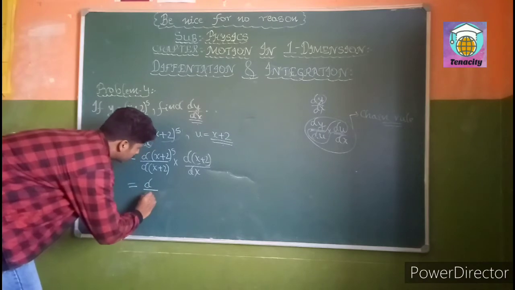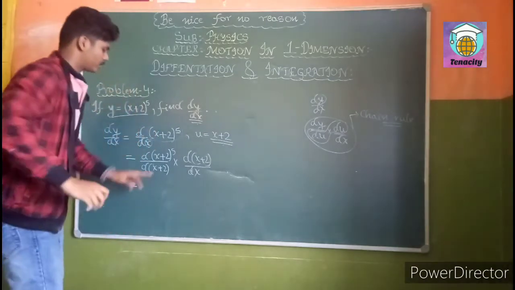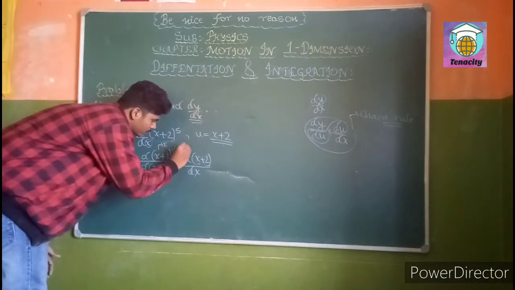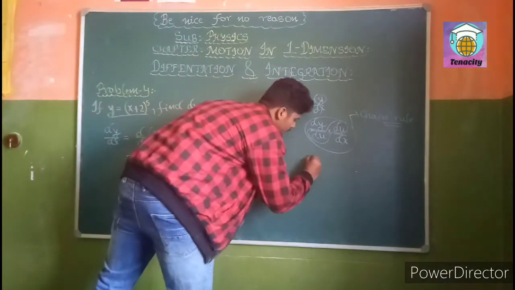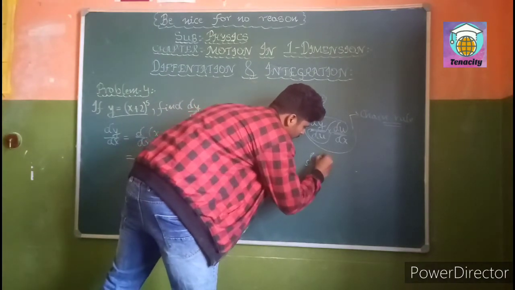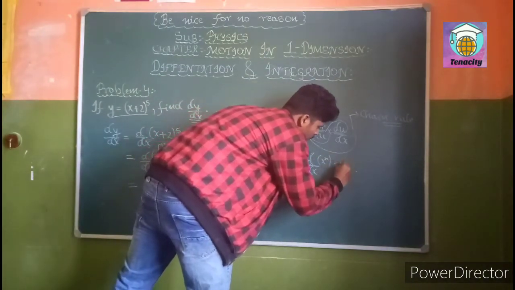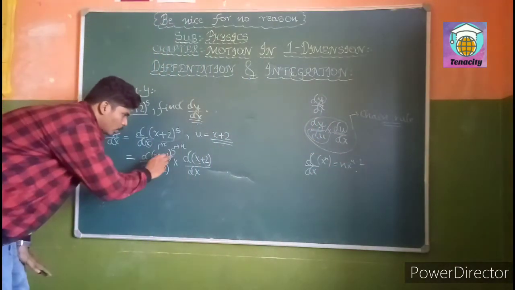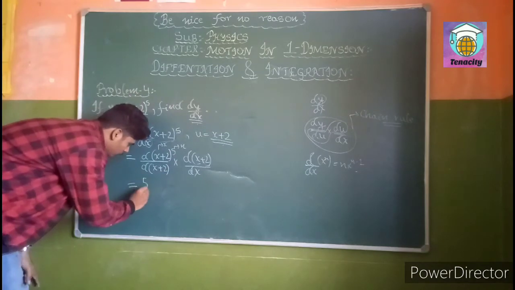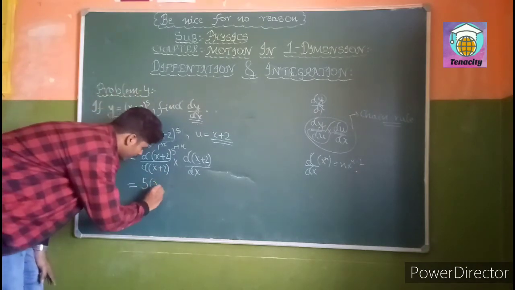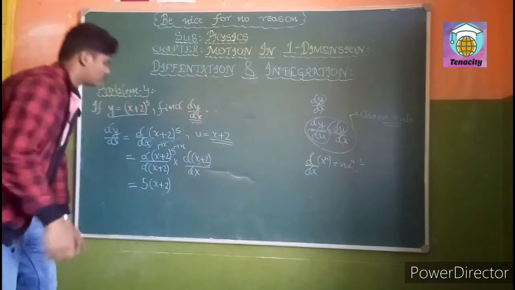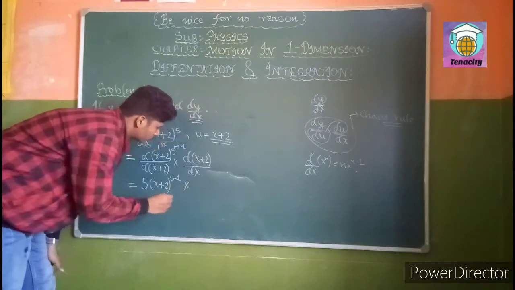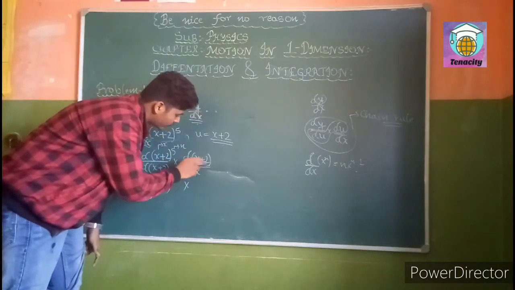So now we will write this as d by dx. Let us consider x plus 2 to be x and 5 to be n. You know this formula: d by dx of x to the power n is equal to n x to the power n minus 1. So what is n here? 5. What is x here? x plus 2. What is n minus 1? 5 minus 1, into d by dx of x plus 2.